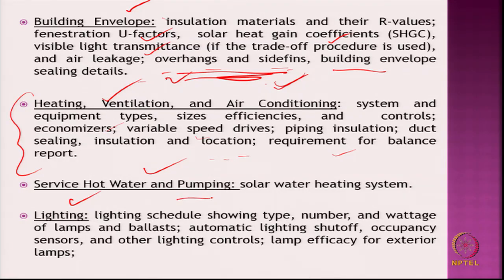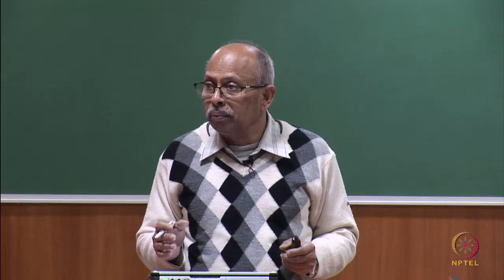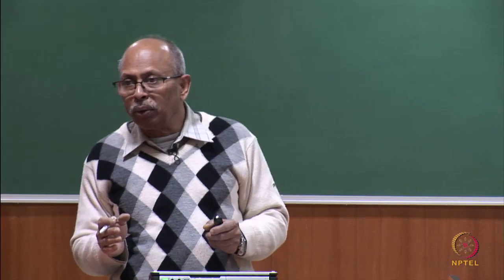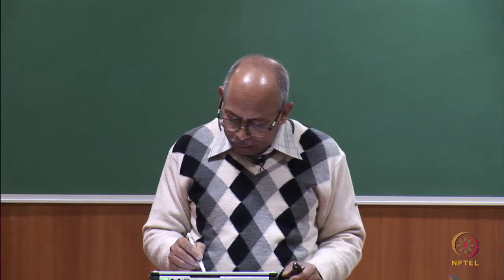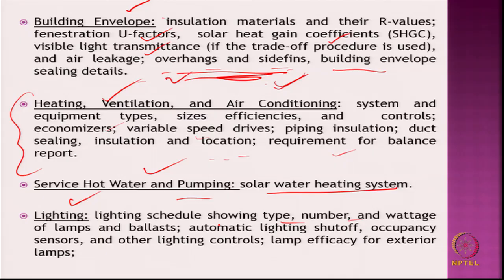Service hot water and pumping, of course, solar water heating system if you have, and lighting schedule. If there is a lighting schedule, that means that all the time lights are not on. So, if there is a lighting schedule showing type, number, wattage, lamp, etc., automatic lighting shut off, occupancy sensors, other lighting controls, these all fall into this category. Again, we are not going to look into this. This is all related to artificial lighting.